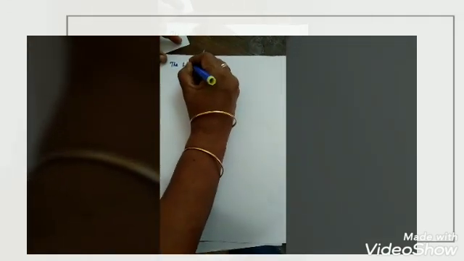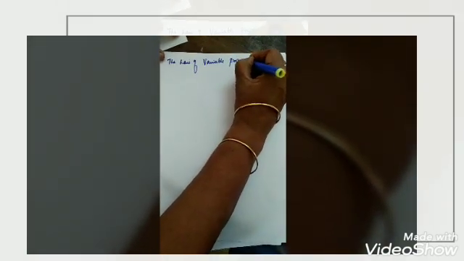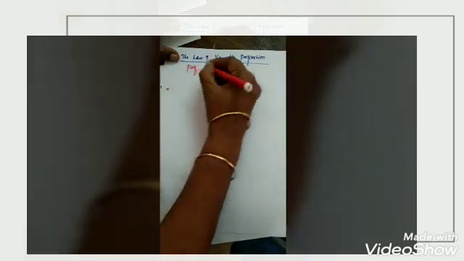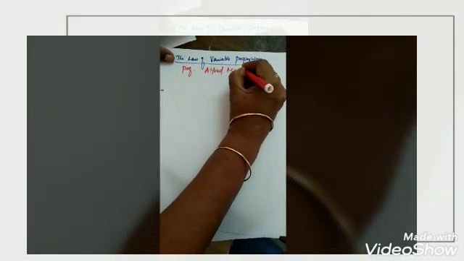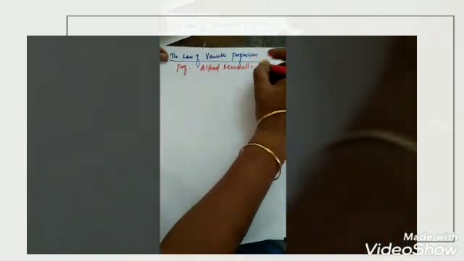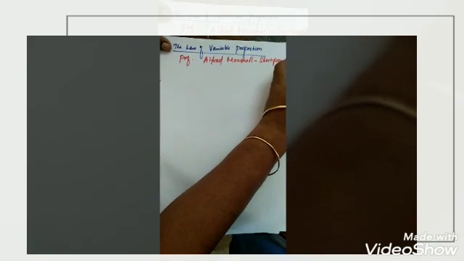The law of variable proportion. This was developed by Professor Alfred Marshall. This will be suitable for the short period. Is it clear?